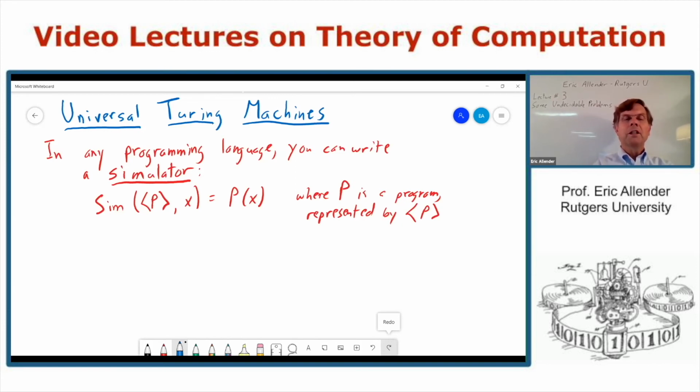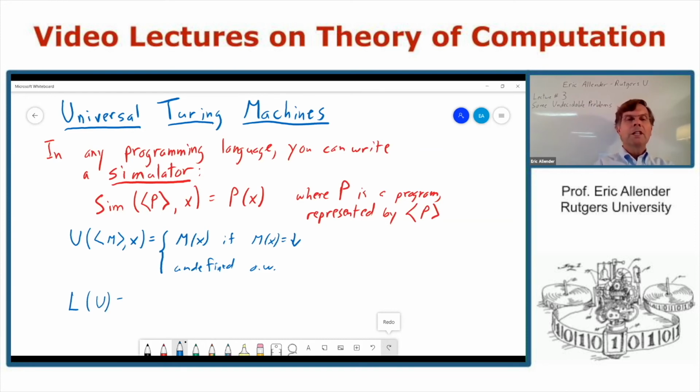So if you can do that in your favorite programming language, well, then you can also do it with Turing machines. And that machine is called the Universal Turing machine. What does it do? It takes as input an encoding of a machine M and a string X, and it outputs whatever M outputs on input X if that computation halts. And otherwise, we just say it's undefined, which you can think of as meaning the computation doesn't halt. Now, this machine, like any other machine, has some language that it accepts.